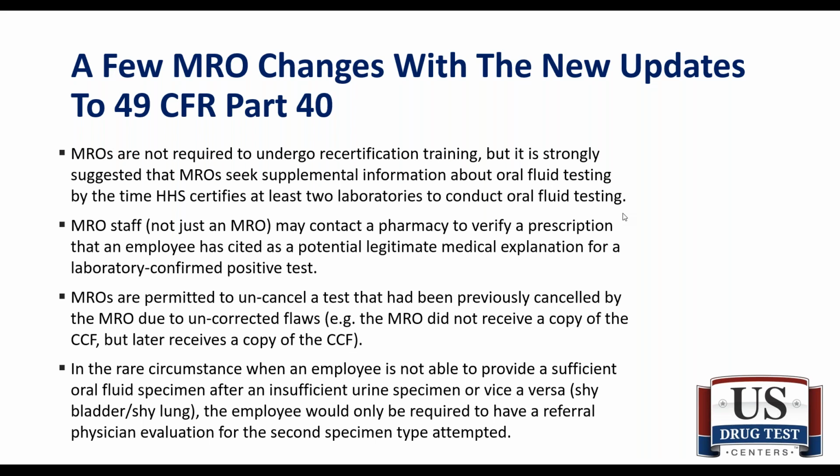So for example, we started with urine, we went to oral fluid, we have a dry mouth on the oral fluid, the evaluation is based on oral fluid. And vice versa, we started with oral fluid, we went to urine, shy bladder, the evaluation would be based on the shy bladder.